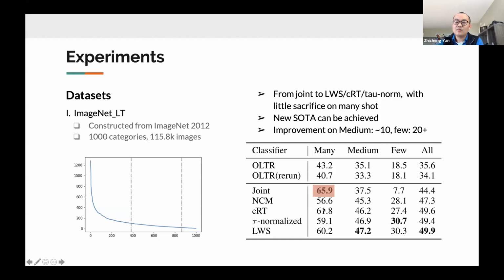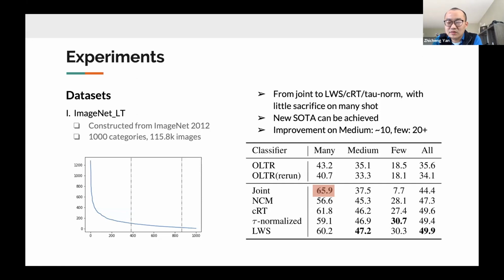First, we compare our method with the baseline, which is the joint training, where you only train once, you train both the backbone and linear classifier in an end-to-end way. We find you can easily improve performance on the medium-shot and the few-shot classes by doing a class rebalance.